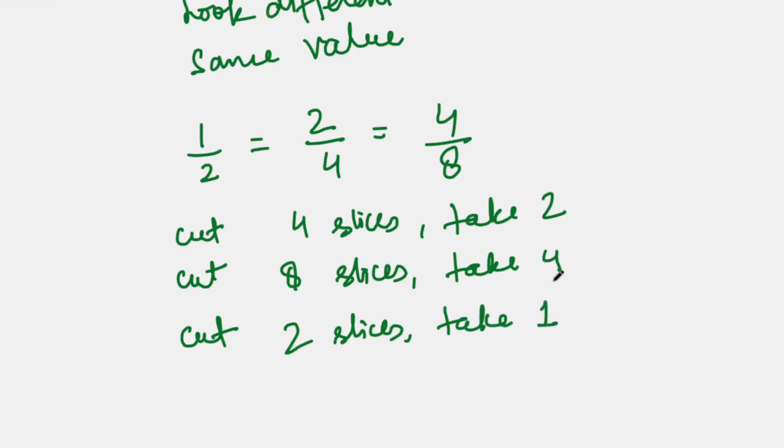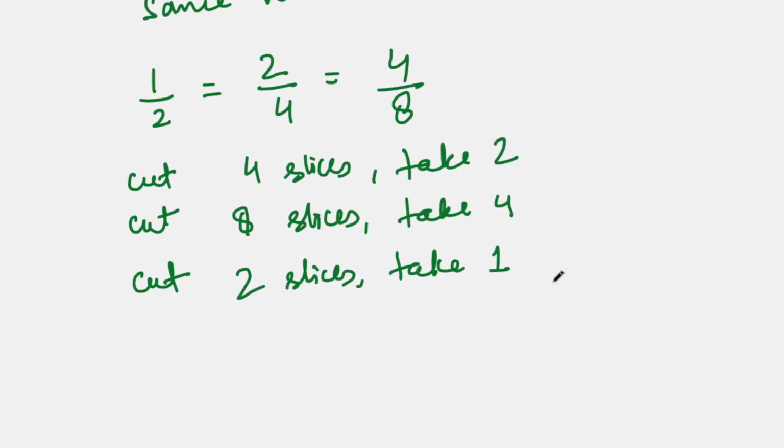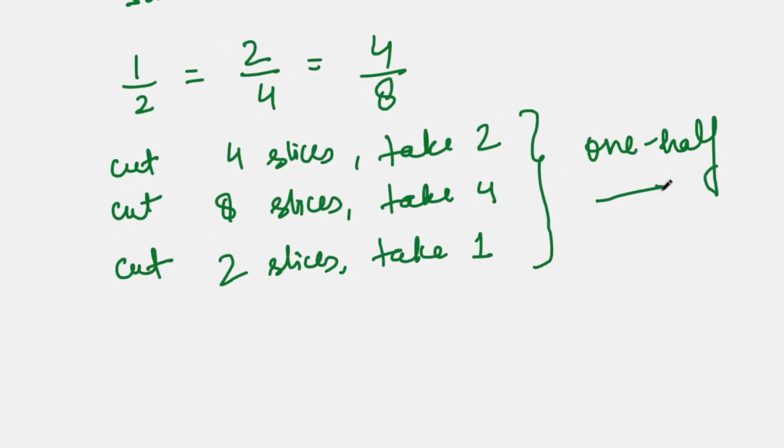In all these 3 cases, we are taking 1/2 of the pizza, right? If we have 4 slices and we took 2, it's 1/2. If we cut the pizza into 8 slices and we took 4, we again took half of the pizza. And if we cut the pizza into 2 slices and took 1 slice, we again took 1/2 of the pizza. So they all represent the same value.